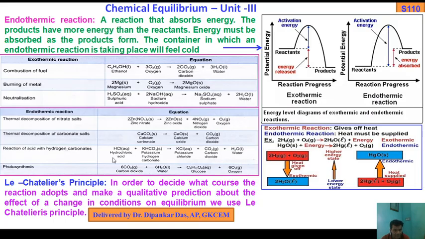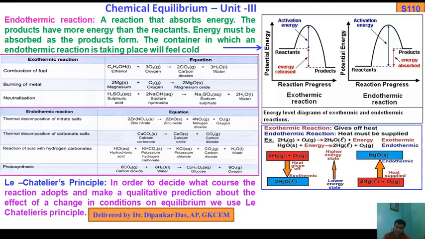Similarly, photosynthesis: 6 carbon dioxide and water give glucose and oxygen. So these are examples of endothermic reactions: thermal decomposition of nitrate salt, thermal decomposition of carbonate salt, reaction of acid with hydrogen carbonates, and photosynthesis.